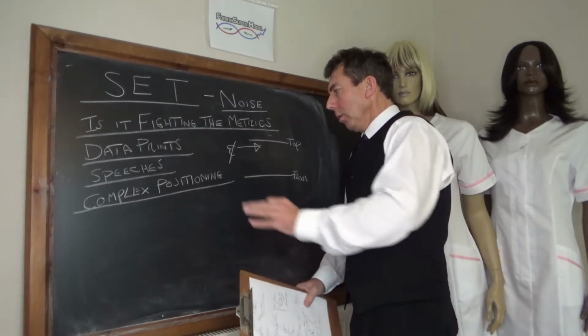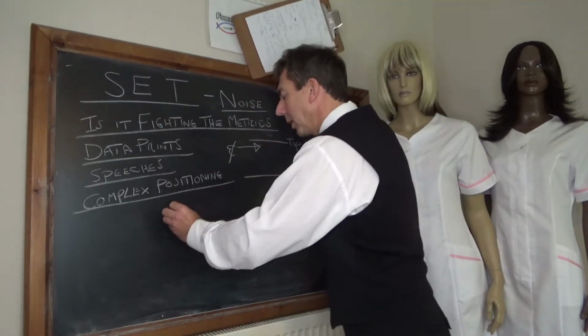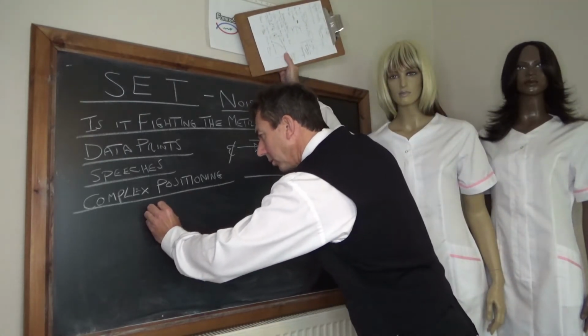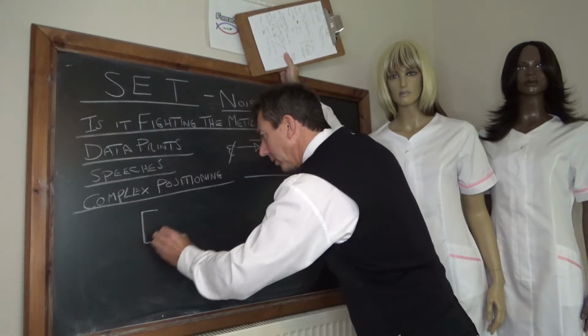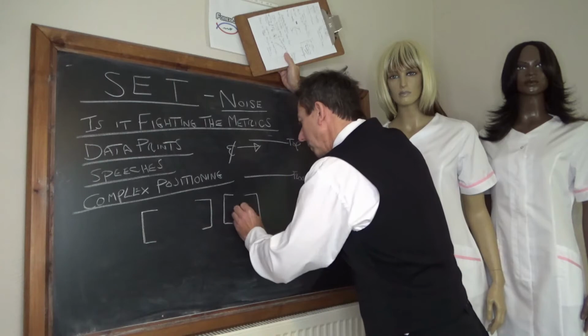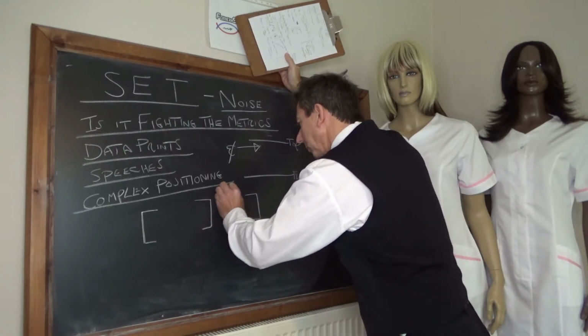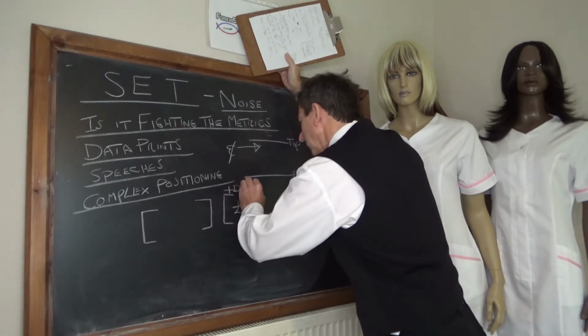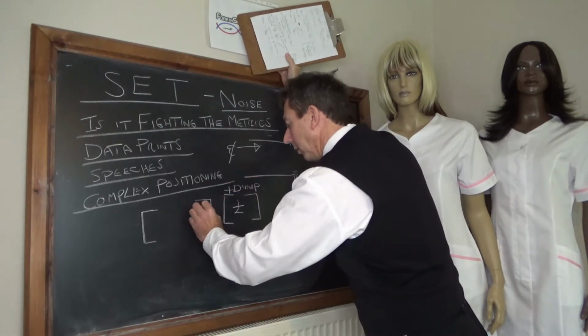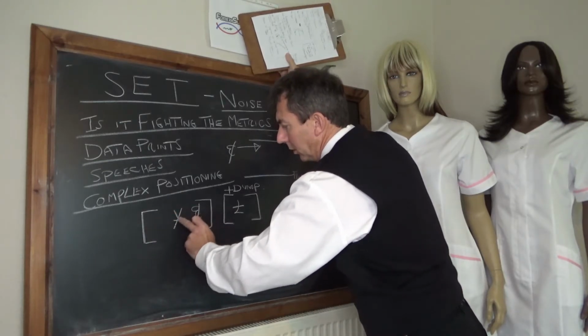So we look at complex positioning, and we also look at it in terms of market positioning, so in terms of our model positioning. So if we've got a situation like this, supposing we've got the pound as the positive unopposed driver, and then you've got, it doesn't really matter all of this, it's just for example, dollar euro.